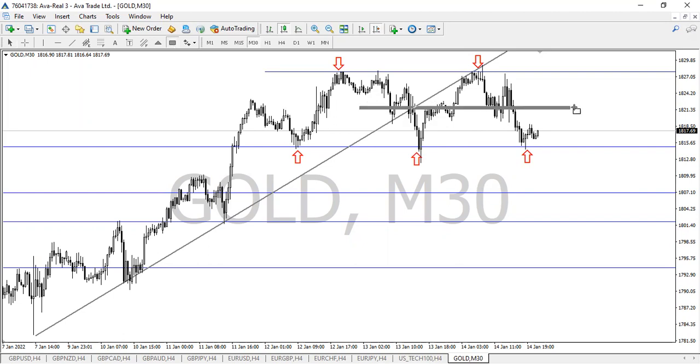But we have a key level somewhere around this point.